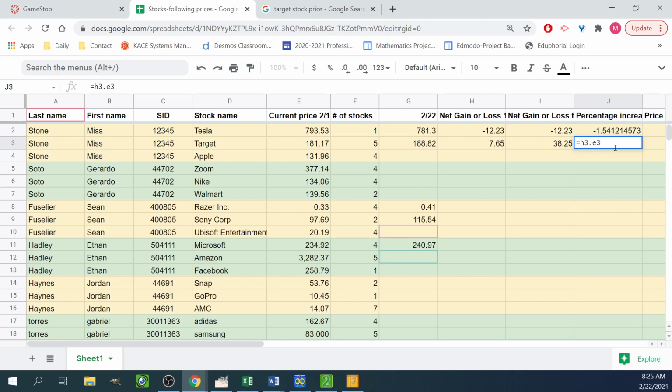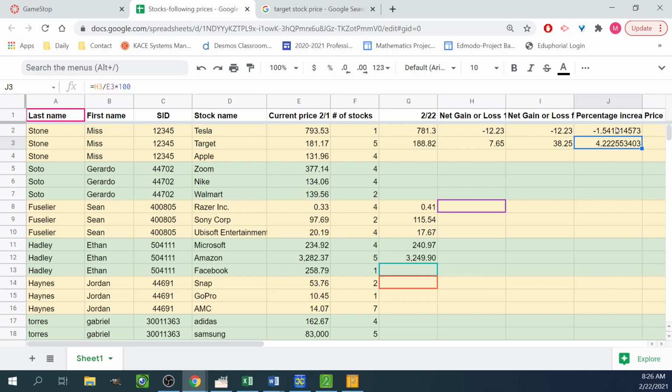Shouldn't that be E3? Divide. There we go. And I'm going to multiply it by 100, sorry. Times 100. So this went up by 4.2%.